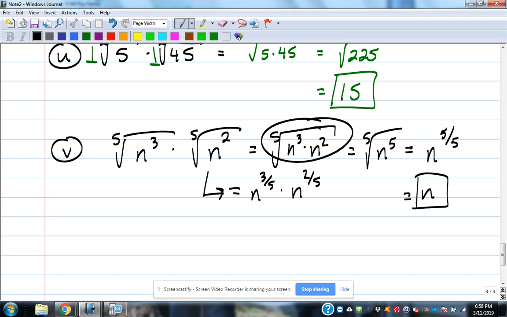Usually we don't work well with fractions, so leaving things out of fractions until the very end. But it still ends up being n to the first power at the end because 3/5 plus 2/5 is still 5/5. So both of those ways work, but sometimes it's better to leave it as a radical instead of changing to rational exponents, just because it's easier.